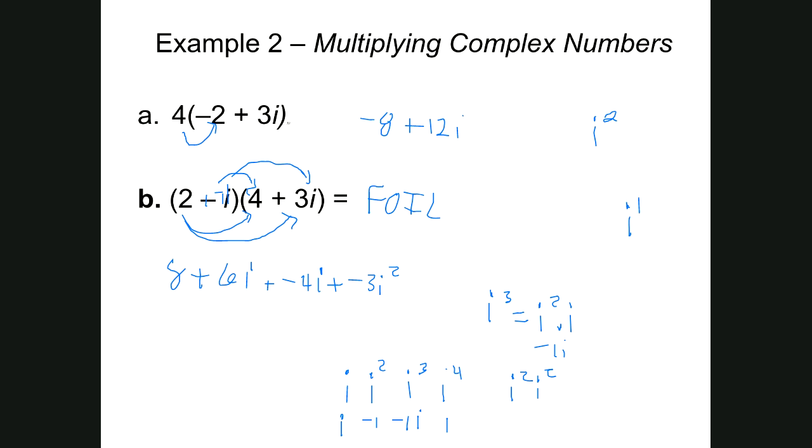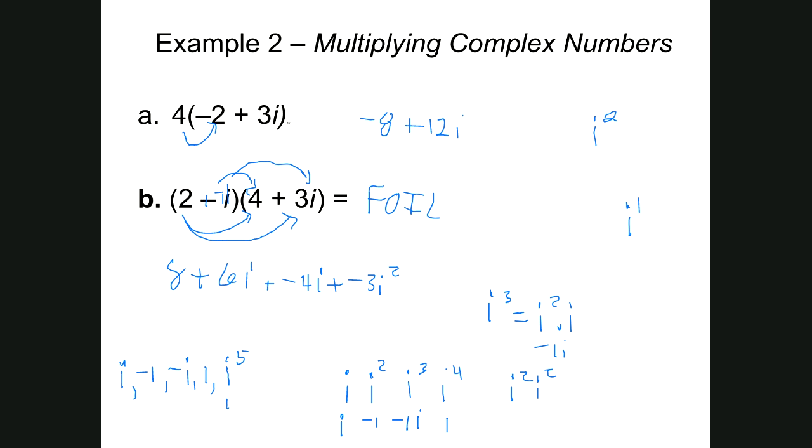And then guess what? This pattern will continue. So it really goes i, -1, -i, 1, and then it just keeps repeating. So if I wanted to say what is i to the fifth, well, it's just going to be i, isn't it?